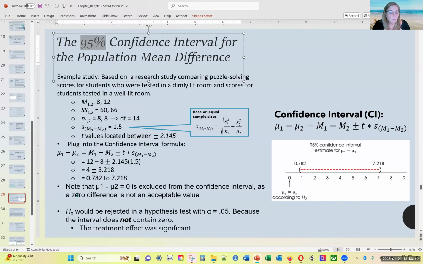We also remember that the population mean difference for both groups was 0, so we exclude that from the confidence interval because a 0 difference is not an acceptable value. So H0 would be rejected in a hypothesis test with 0.05 because the interval does not contain a 0. So the treatment effect in this example was significant.